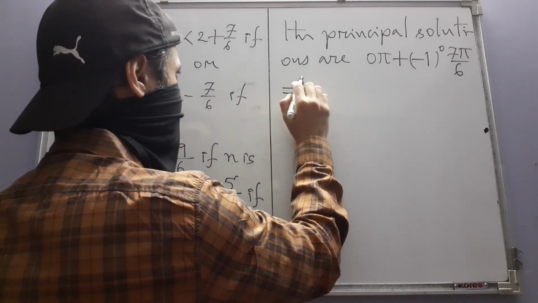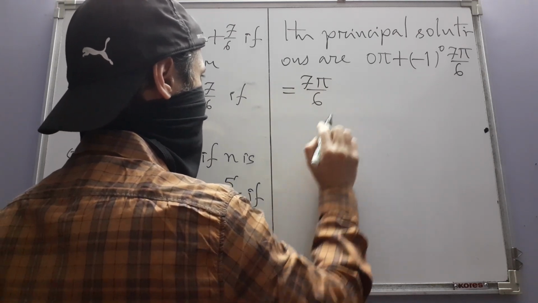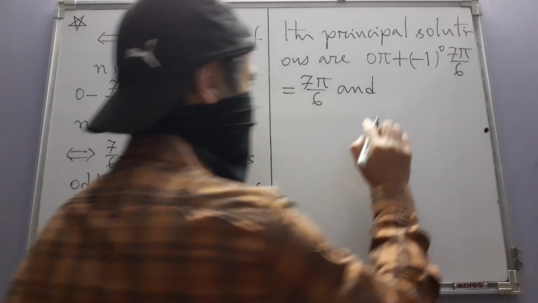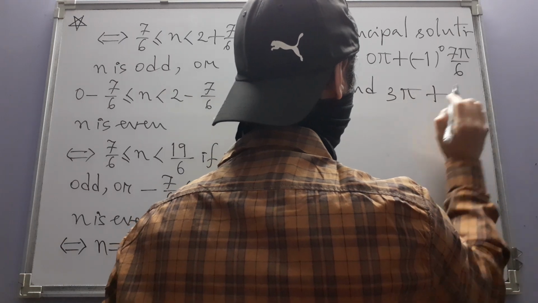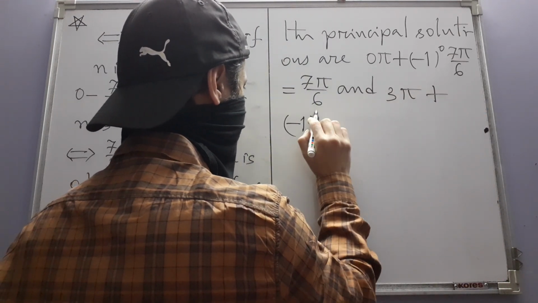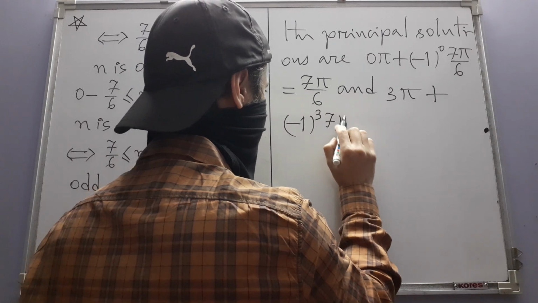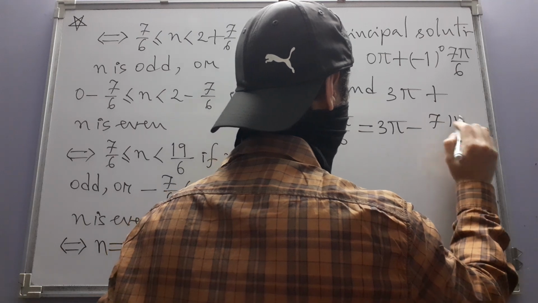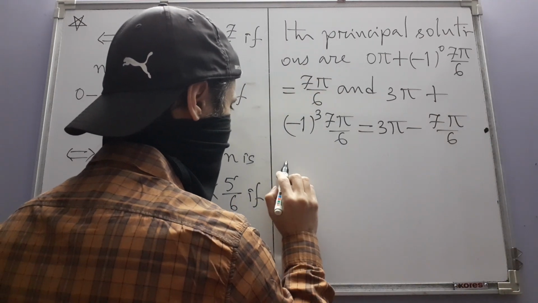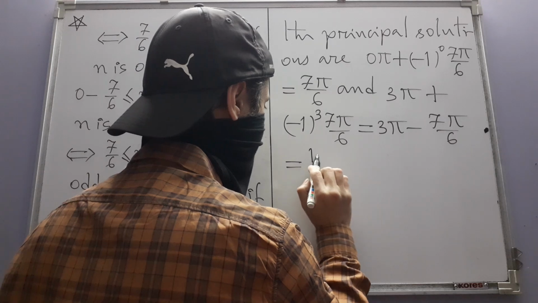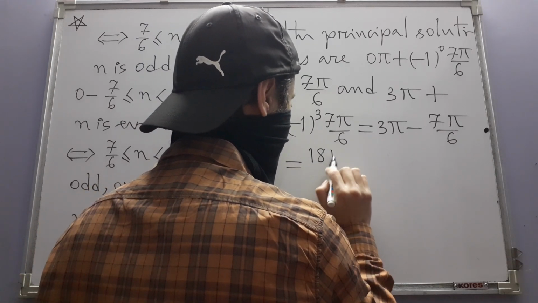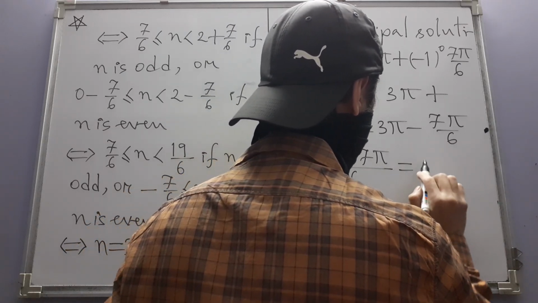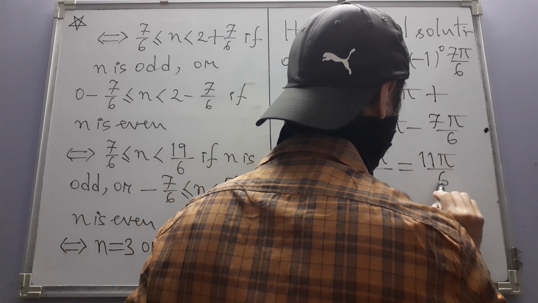So that is just 7 pi over 6. And you put n equal to 3. 3 pi plus minus 1 cube times 7 pi over 6, or 3 pi minus 7 pi over 6, or 18 pi minus 7 pi over 6, or 11 pi over 6.